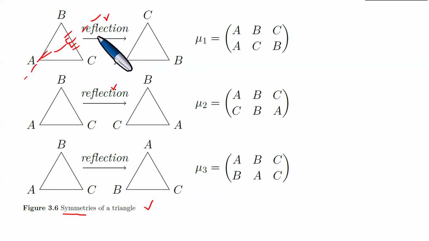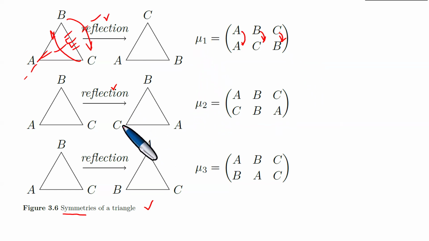This axis bisects the triangle. You're able to see that B would go there and C would go there, and A remains fixed. So A goes to A, B goes to C, and C goes to B. And we call that mu1.